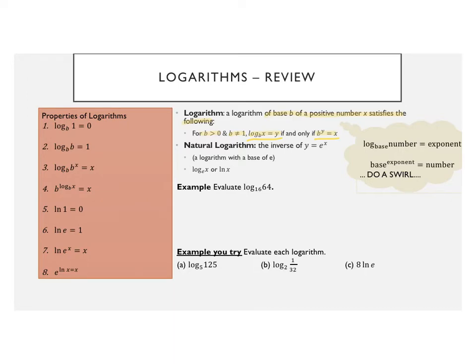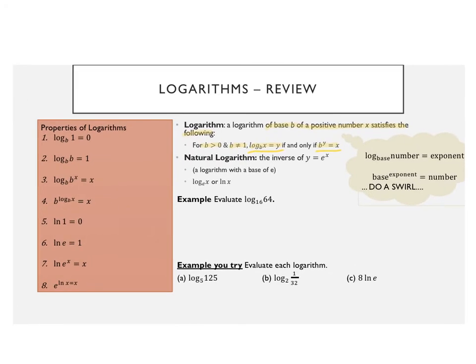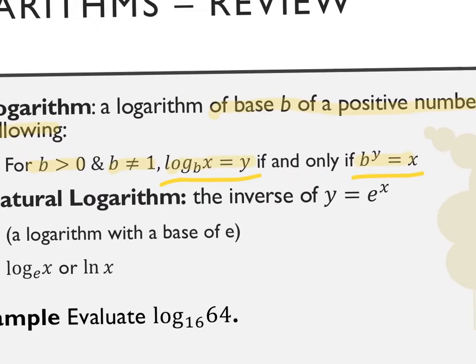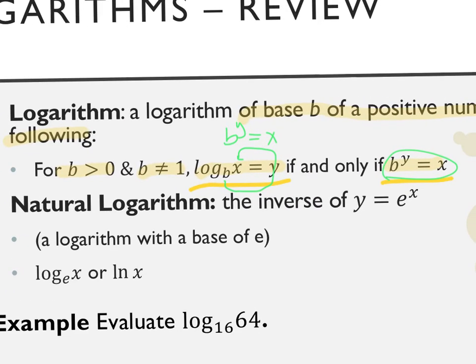The other thing you can think of is a swirl kind of fashion. If I take my logarithmic form and start at the base, go through the other side of the equal sign, I can see that the base is the exponent, equals some number, which is the same thing as this.